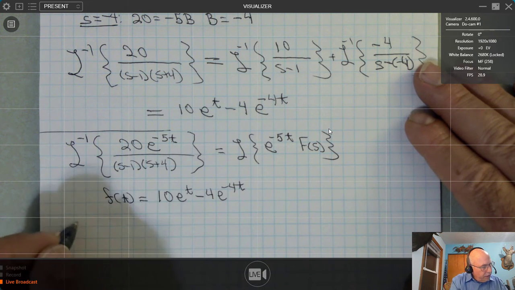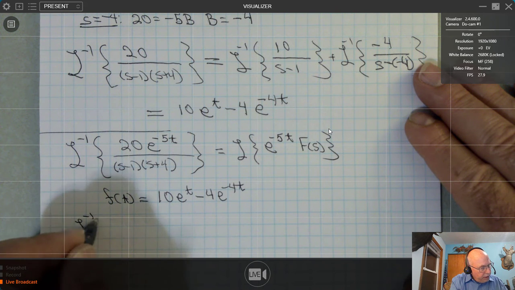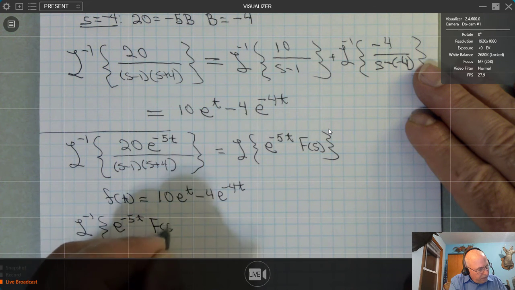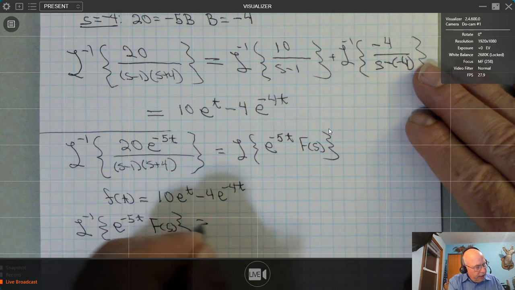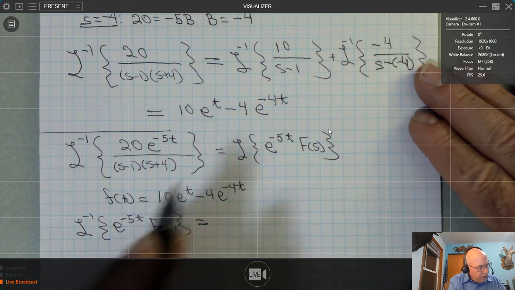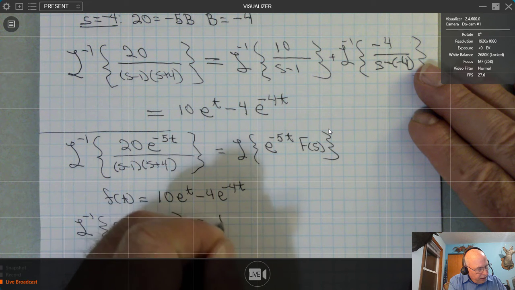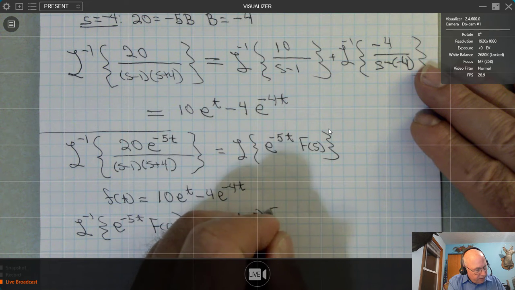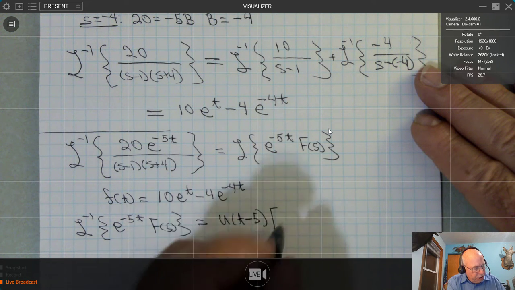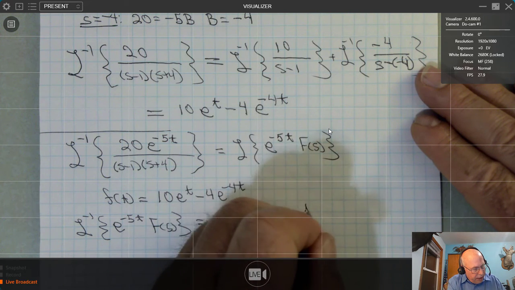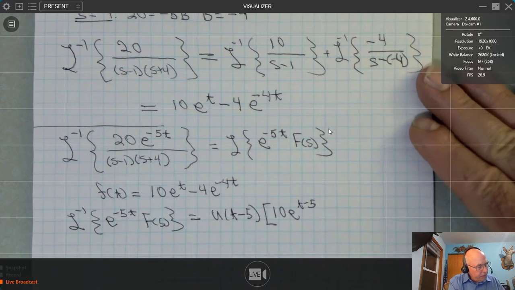So the inverse Laplace transform of e to the minus 5s times that same fraction is this function shifted to the right by 5 units. So this is u of t minus 5 times this function here, where you replace the t's by t minus 5.